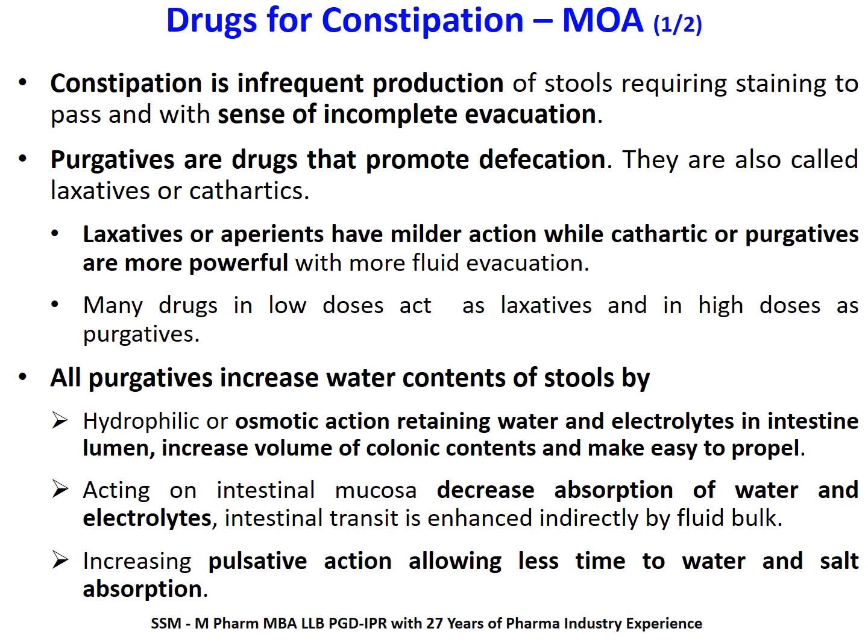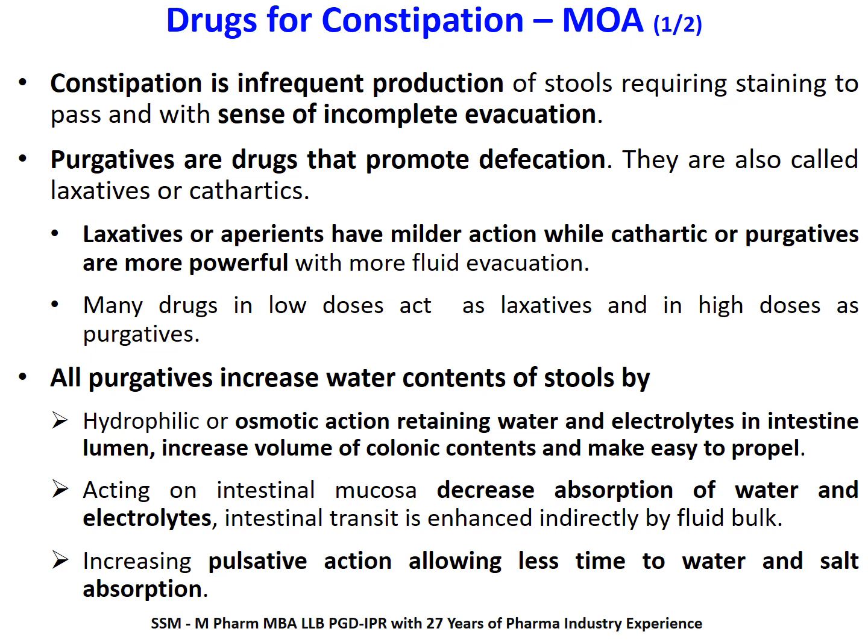All purgatives increase water content of stools by the following mechanisms: by hydrophilic or osmotic action, retaining water and electrolytes in the intestine lumen, increasing volume of colonic contents, and making it easy to pass the stool.